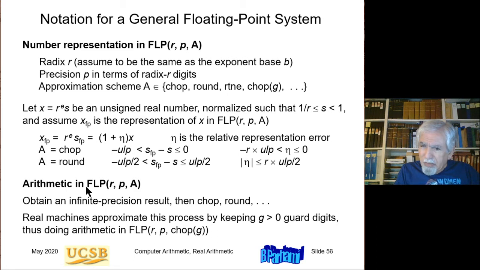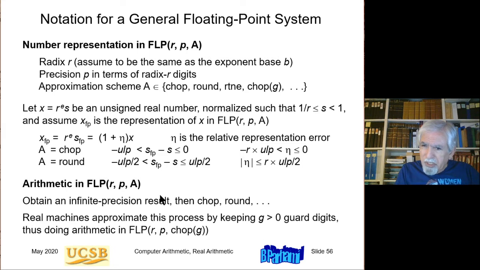We assume that the ideal arithmetic in this floating point system is to obtain an infinite precision result and then chop or round, whatever approximation scheme we are using, in order to represent that precise result in floating point representation.